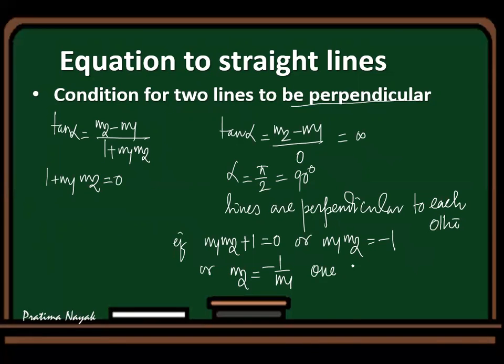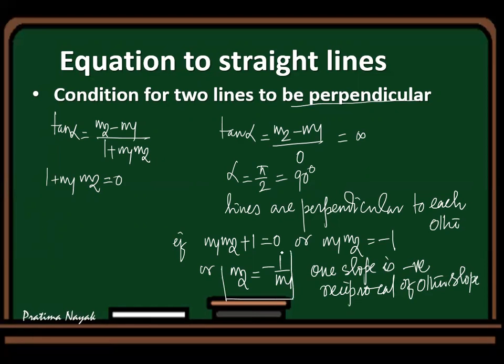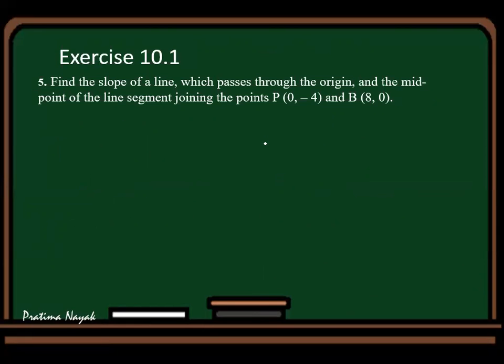One slope is the negative reciprocal of the other slope. So this is the condition for perpendicular lines. So let us go for the exercise questions.